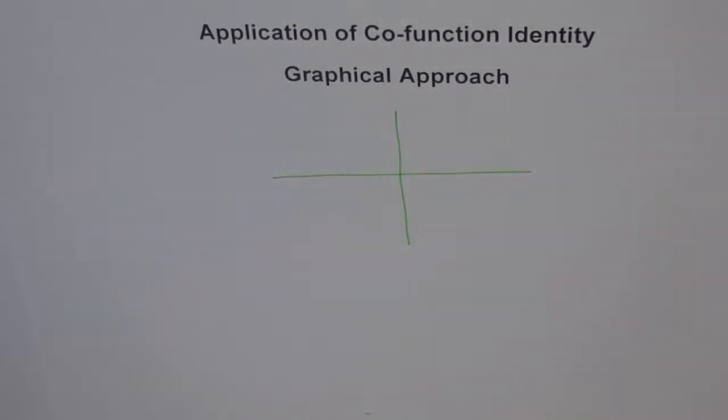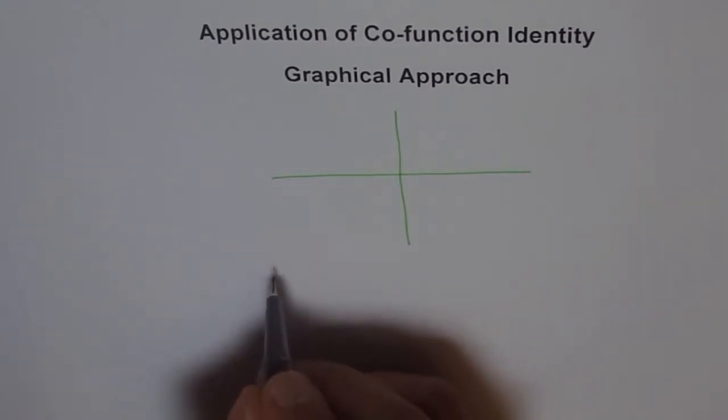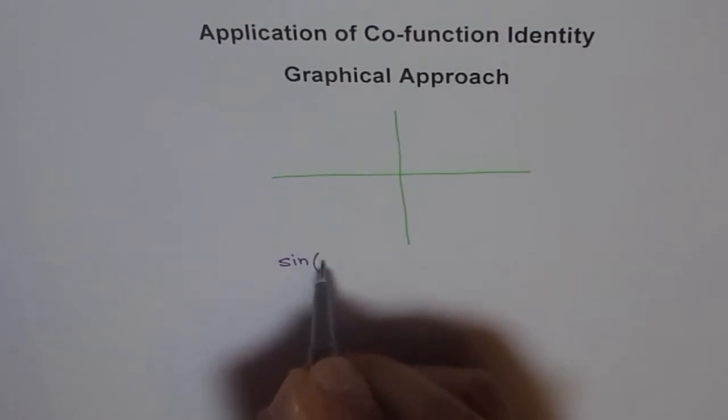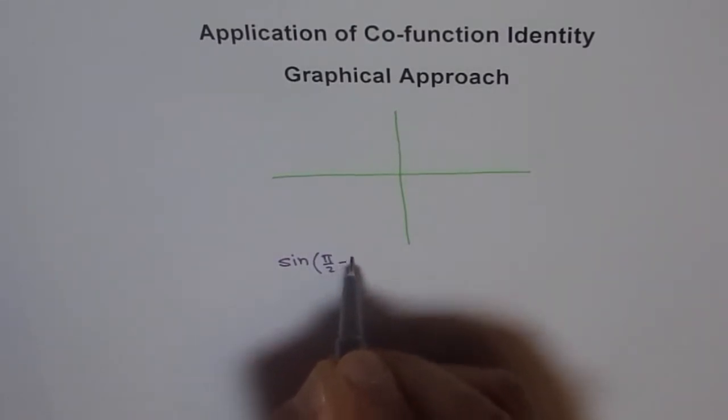Basically, let me summarize it here. For sine, the cofunction is cosine, and for tan it is cotangent. So these are cofunctions. Now, what really happens when we do, let us say, sine of pi by 2 minus theta?